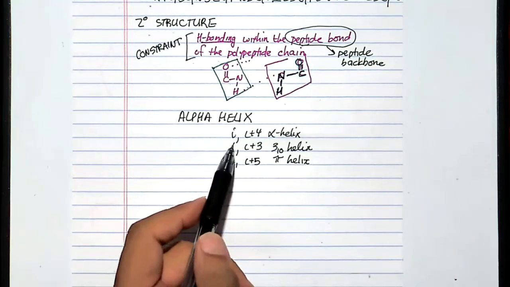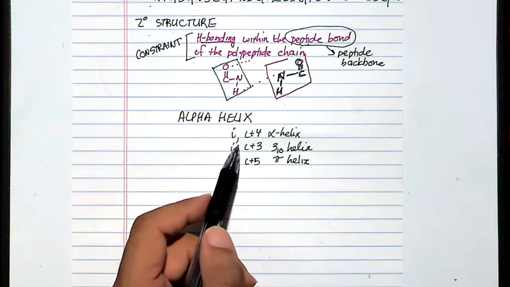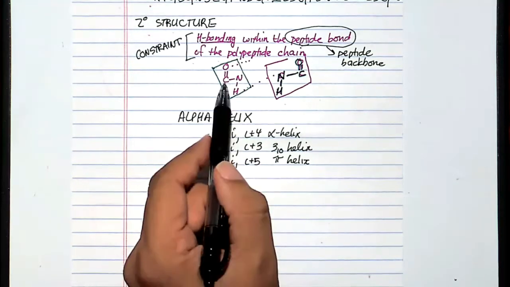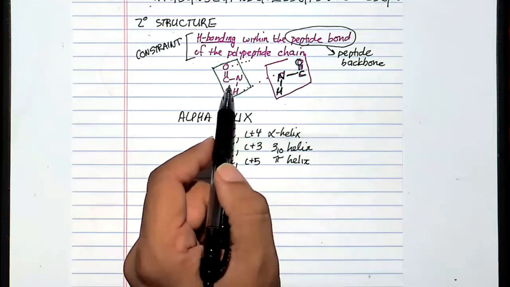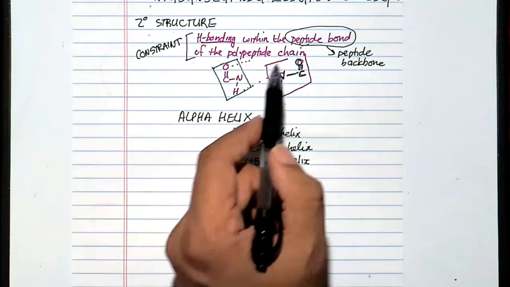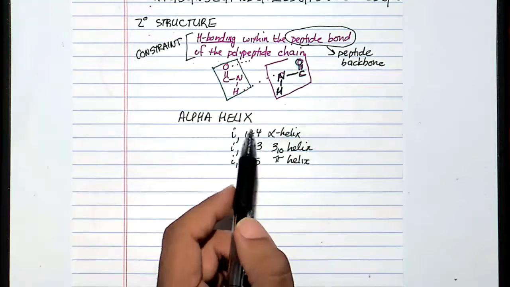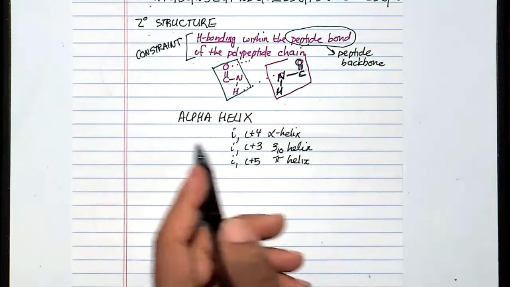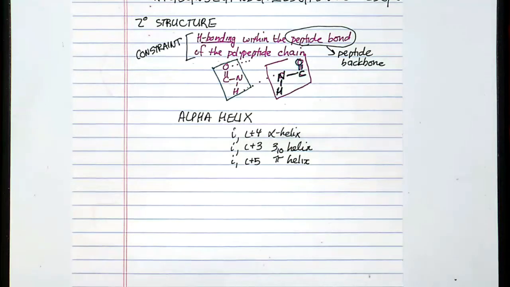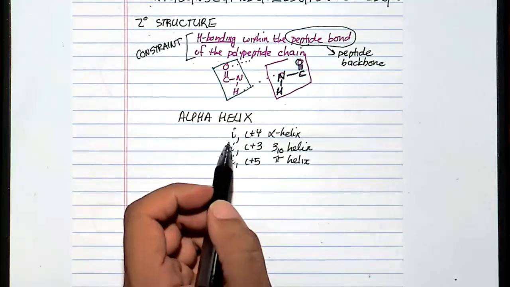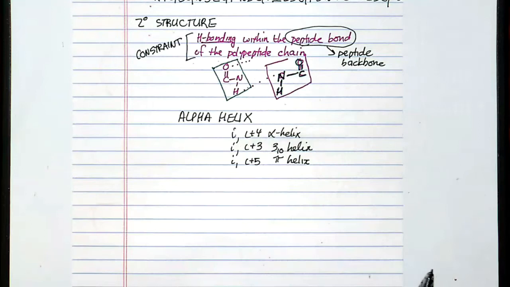Okay, so you should know what the I and I+4 mean. Basically, it is a hydrogen bond with a C double bond O hydrogen bonded to an NH, 4 amino acids away. It's actually more like 3.6 residues away, so it's not exactly a full amino acid in which the hydrogen bond occurs.